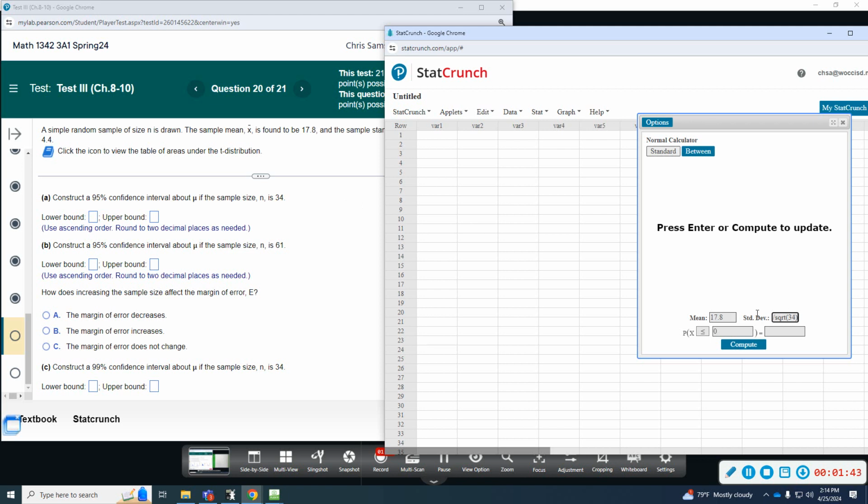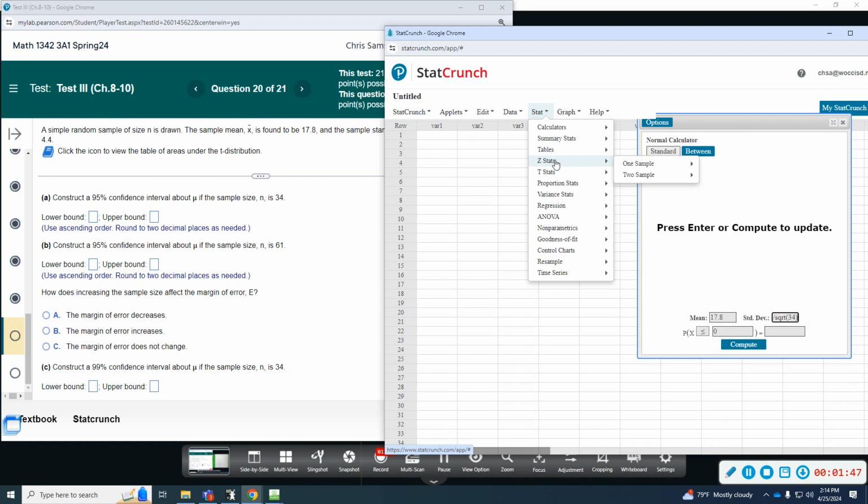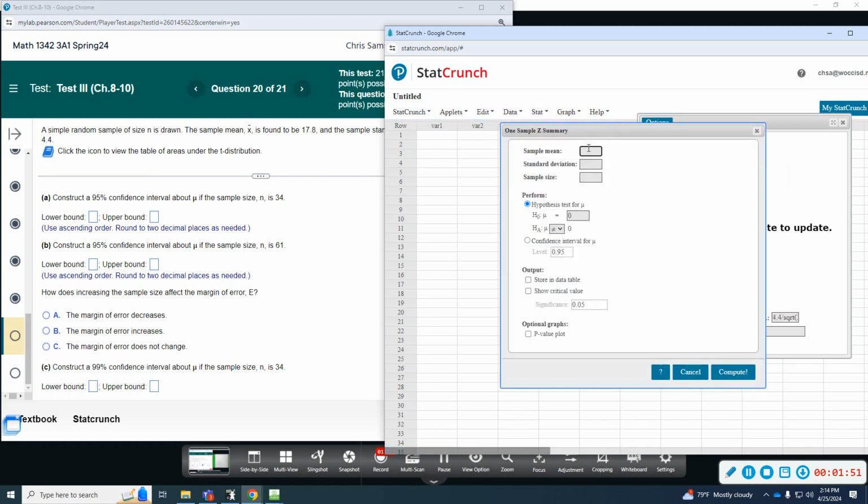Oh my gosh, we're doing the confidence interval, sorry. Using the calculator's stat function: sample mean 17.8, standard deviation 4.4, sample size 34.